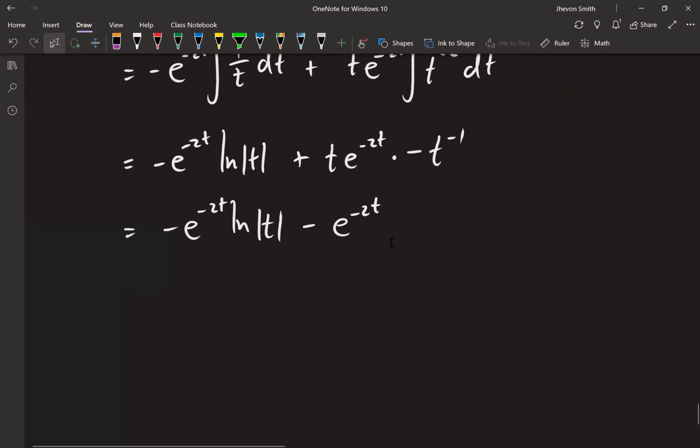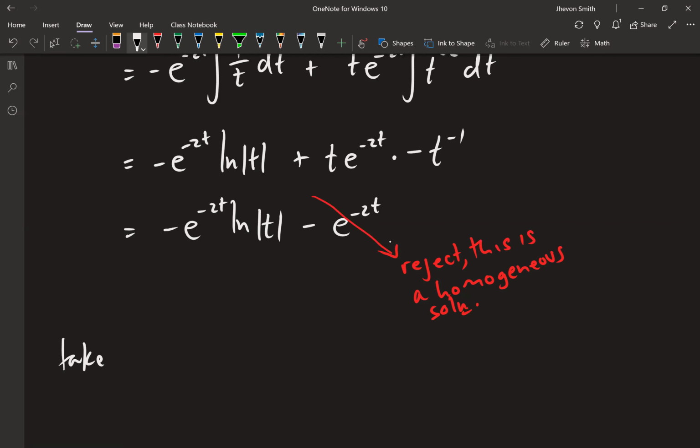Now what you're going to realize is that this part here is actually a homogeneous solution. So I'm actually going to even ignore this part. And so take yp equals minus e to the minus 2t ln of t.